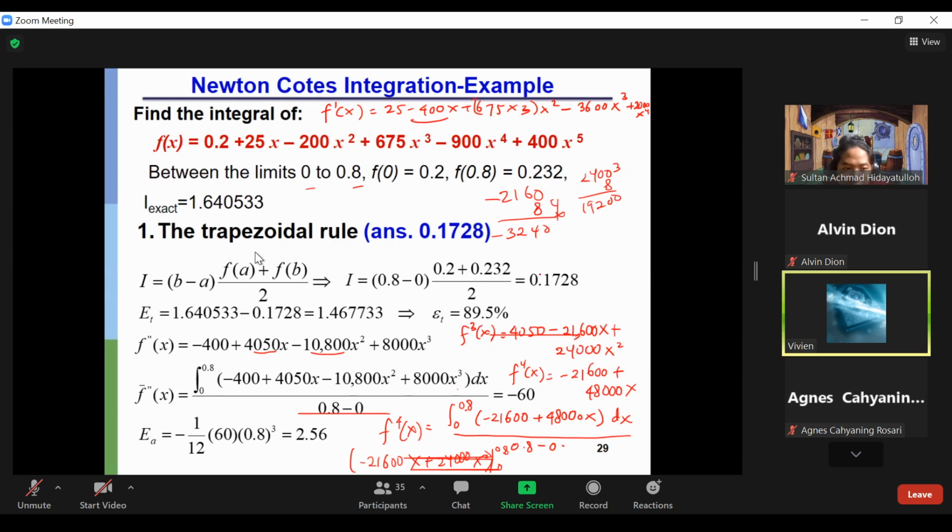We multiplied again with 0.8, so that will be 15,360.